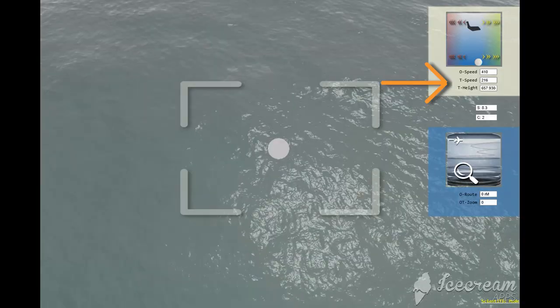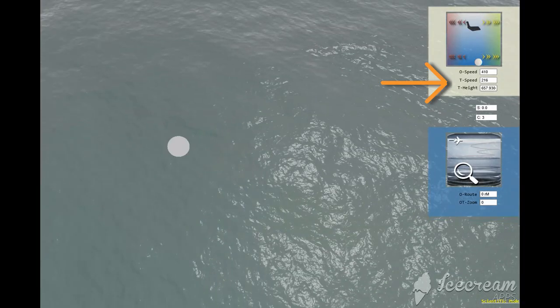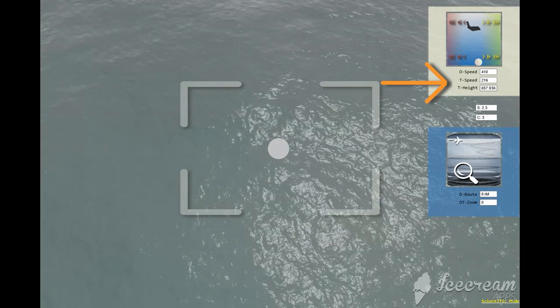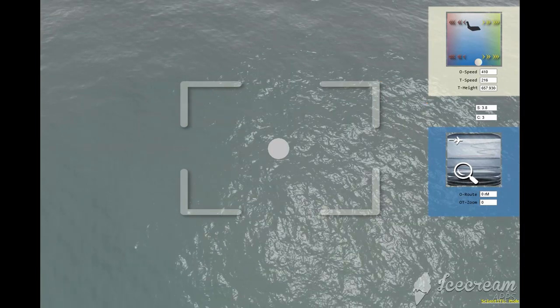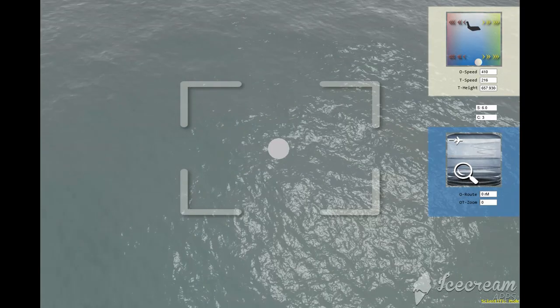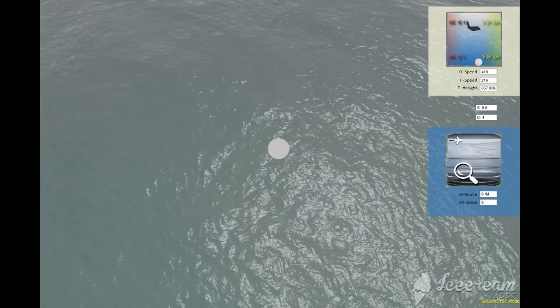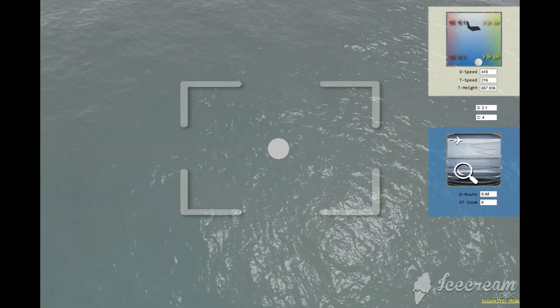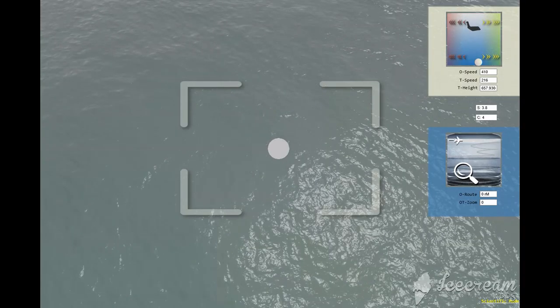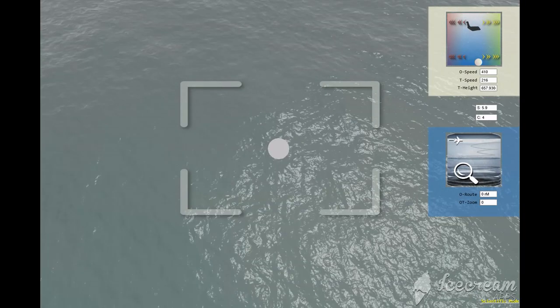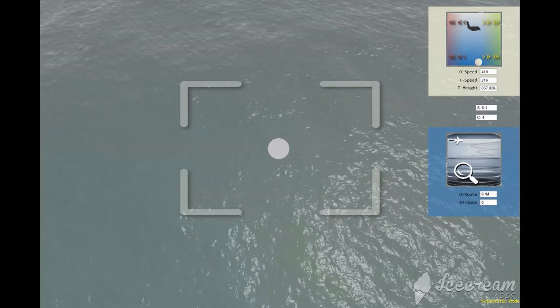The target height is around 600 to 700 feet, and one can tell that there is quite a lot of movement in the background on the sea surface. So even at a height of around 700 or 650 feet, there is quite a lot of parallax effect in the background.